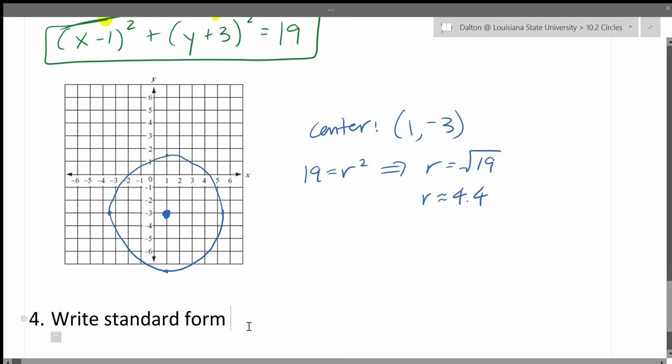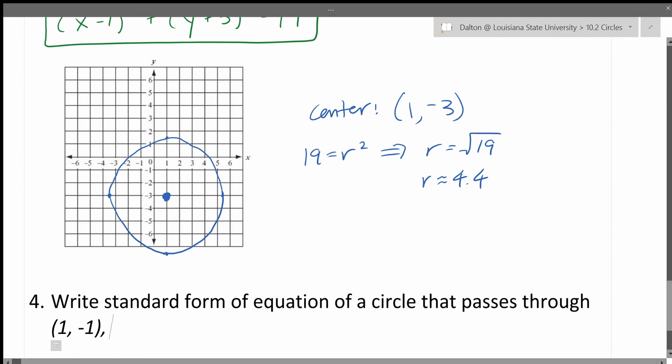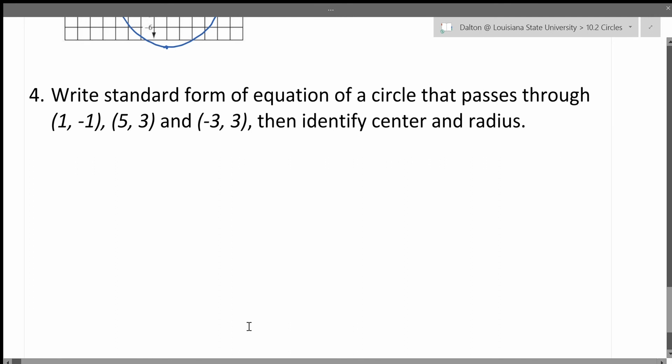Okay, I want you to write the standard form of the equation of a circle that passes through these points. 1, negative 1, 5, 3, and negative 3, 3. Then identify center and radius. So I want you to think about what this means.